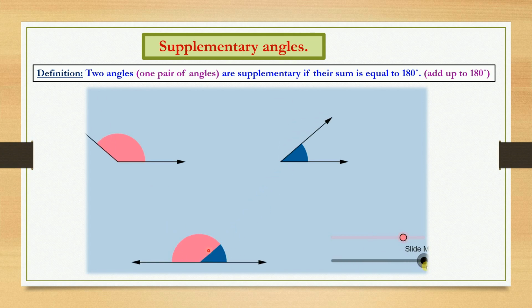So their sum is equal to the measure of a straight angle, which is 180 degrees. So this pink angle and blue angle are called supplementary angles because if I add their measures, it's equal to 180 degrees.